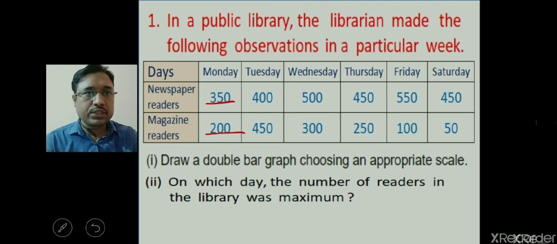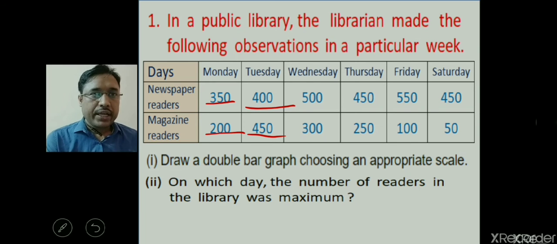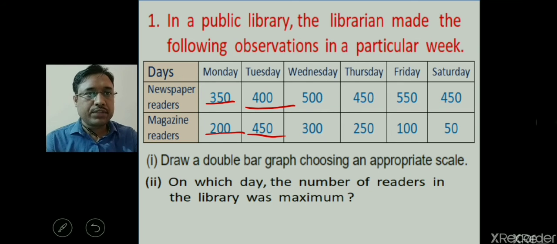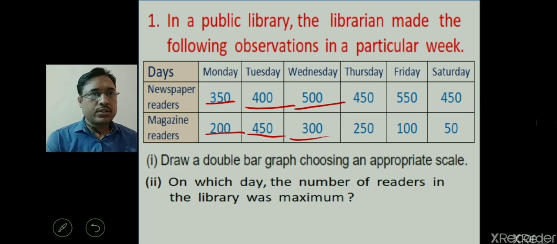Next, on Tuesday, the data varies: the newspaper readers are 400 and magazine readers are 450. On the next consecutive day, Wednesday, the newspaper readers are 500 and the magazine readers are 300. And so on, the data is shown for newspaper and magazine readers.